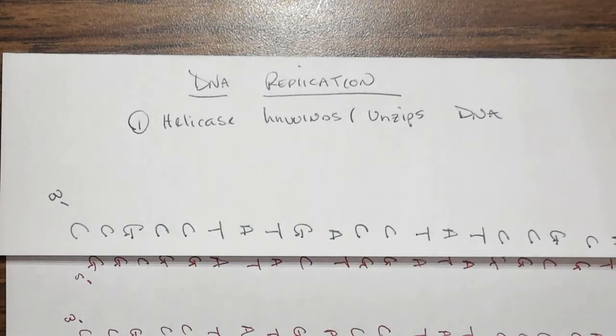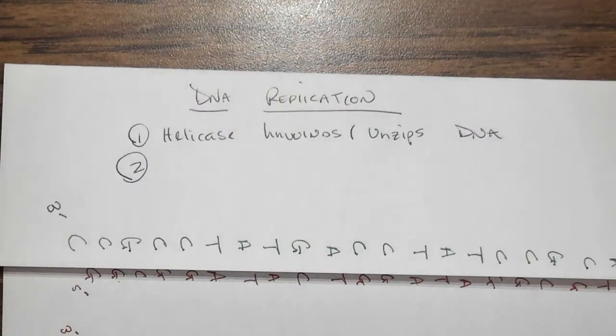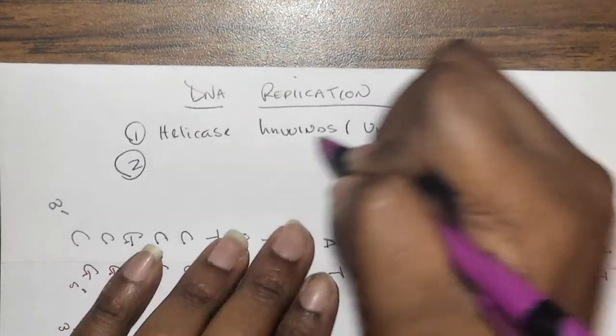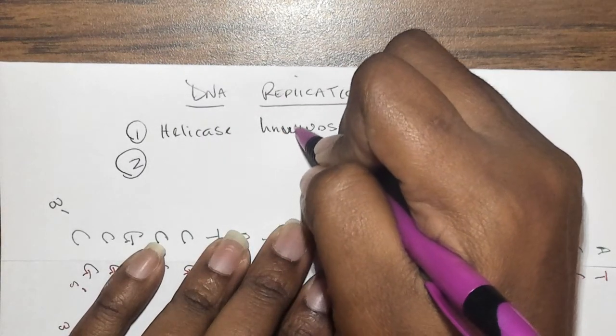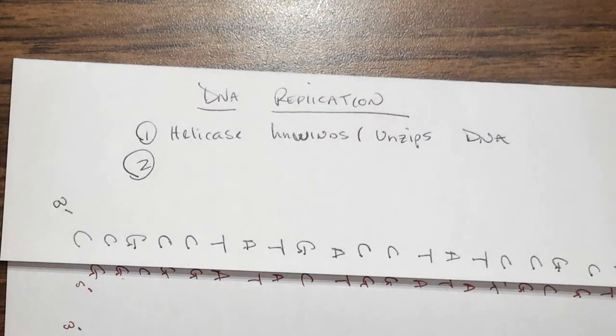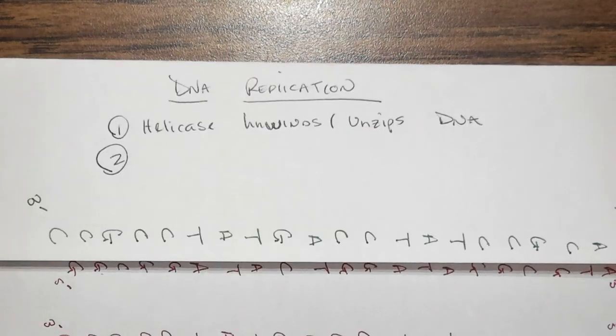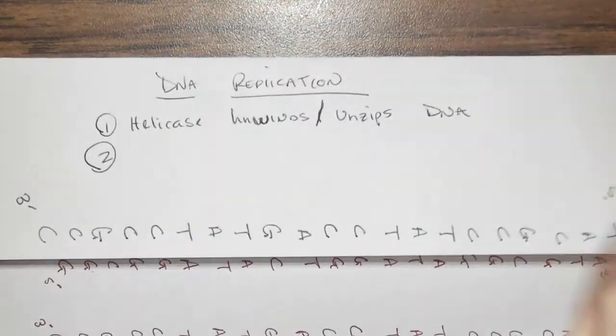So it breaks those hydrogen bonds. By the way, between A and T, how many hydrogen bonds are there? 2. And between G and C, there are? Excellent. So helicase unwinds and unzips DNA. Unwinds, that's a W. Unwinds and unzips DNA.